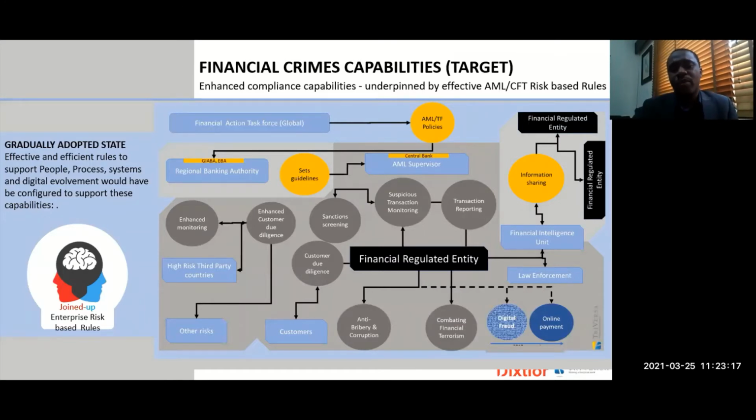How do we ensure that we have a holistic flow from the regulators down to the customers themselves, taking advantage of all the latest technology that we have around us?